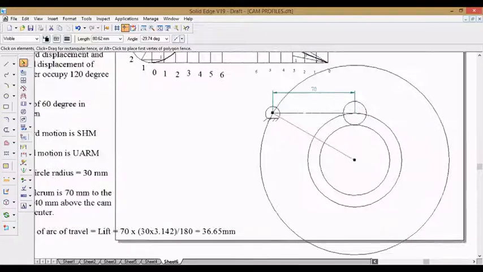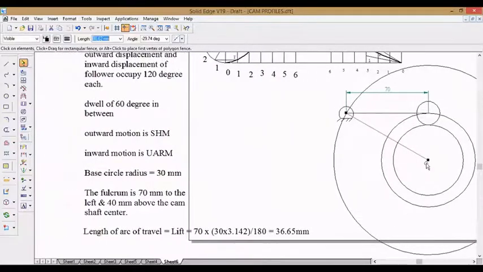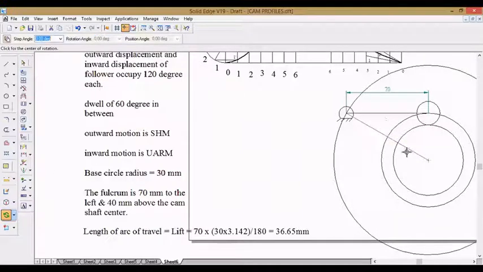So what is the first angle? 120 degree. So now you need to take 120 degree of this line. Rotate this, keeping at this center. From this inclined line, you should measure 120 degree. Understood?